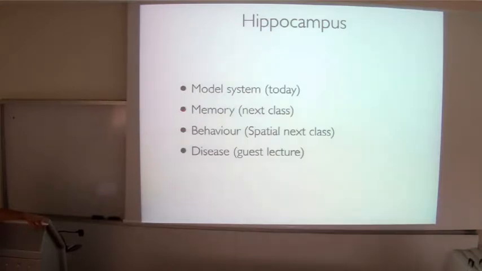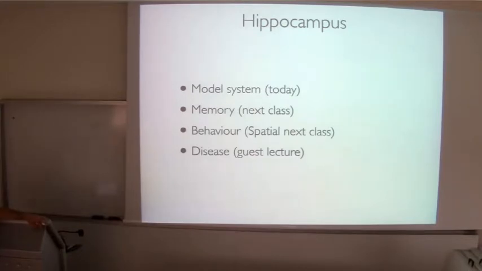And the other one is, this is a good model system in synaptic physiology, but it's also a good model system for spatial navigation, for example, which is another thing that was found in the hippocampus. So this is another case where it is a good model system.